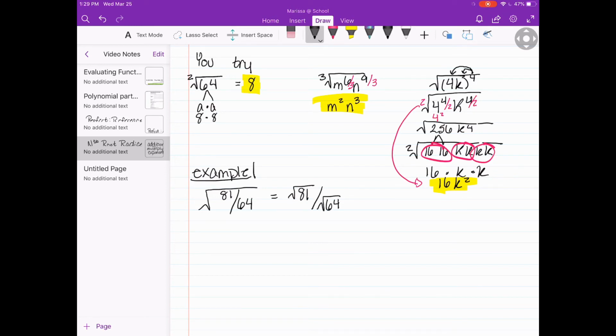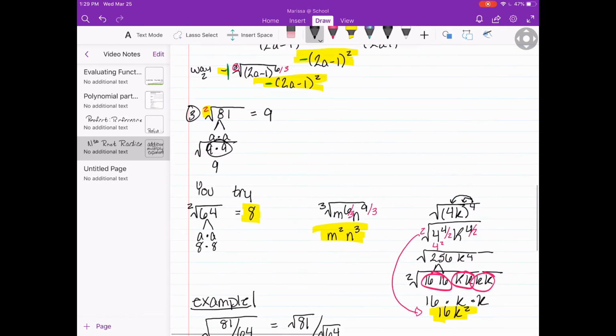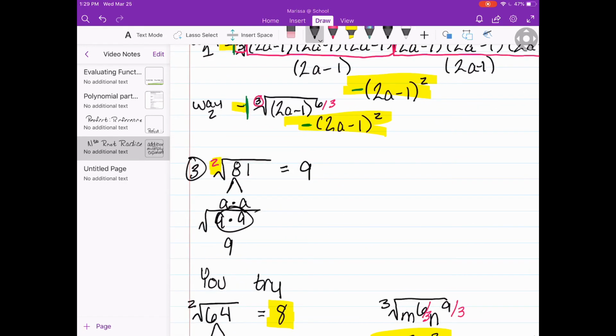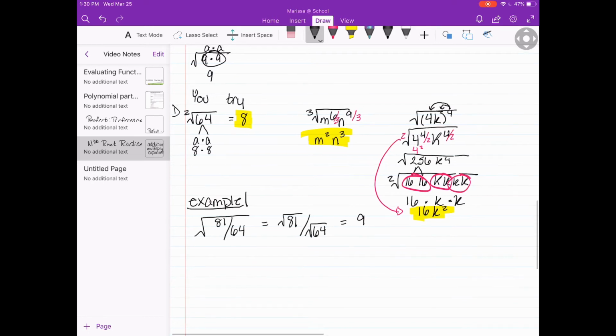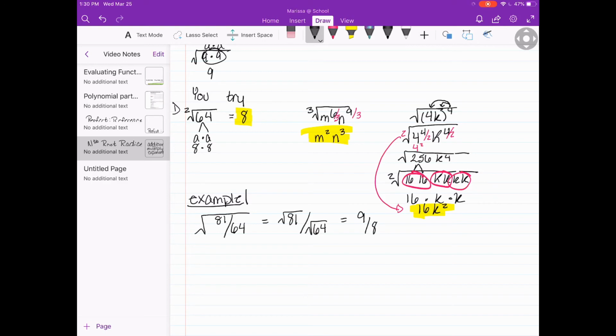So the square root of 81, which I did up here in example number 3, I found was 9. So I would do that same thing, and I could say that that square root was 9. And then I just did in the you try section in that first one, the square root of 64 is 8. So I'd have 9 over 8, and that would be the final answer. So I'm just taking the square root of the numerator and dividing it by the square root of the denominator.